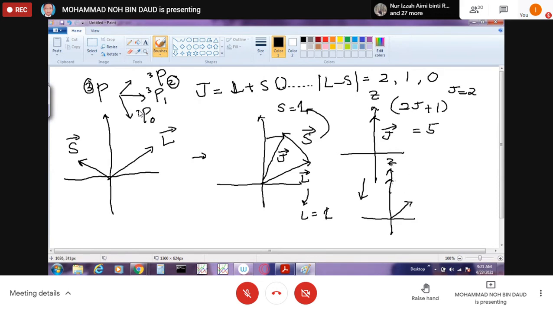Let's say this B, the magnetic field vector, lies on this z-axis. So the J, of course, with 5 different components of this vector, will give different effects to these external fields, the magnetic fields.